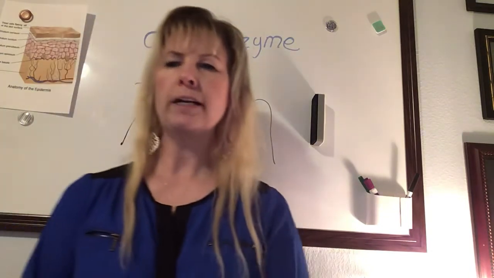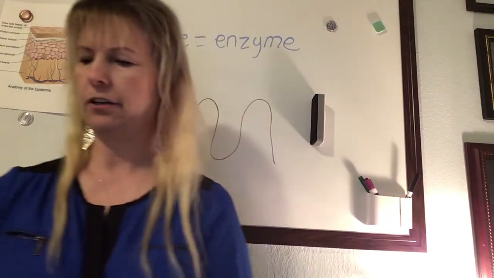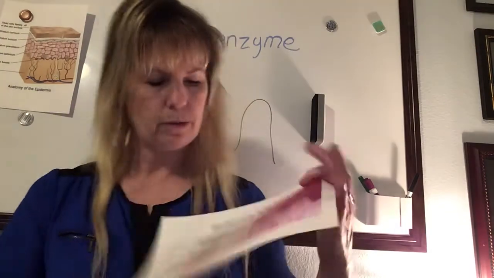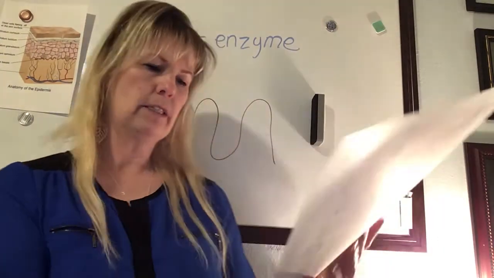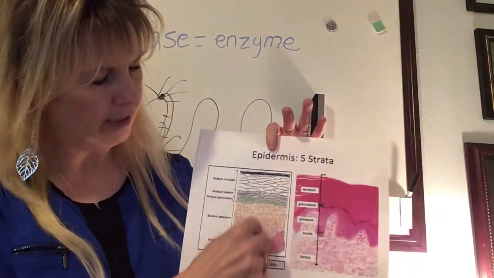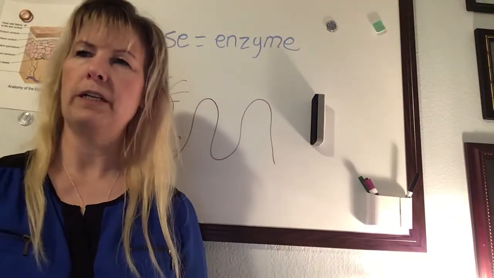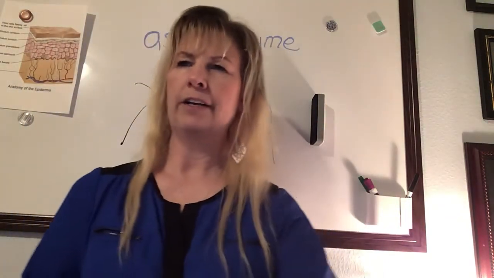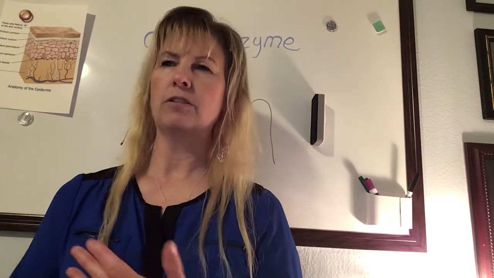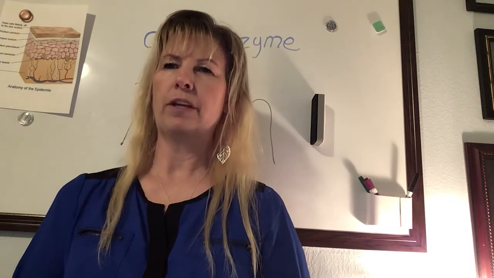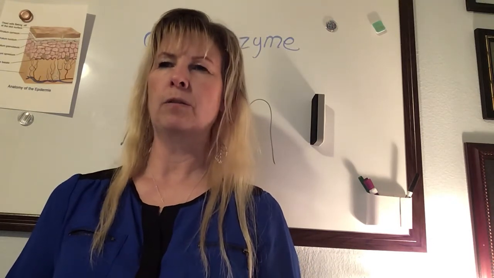Okay, so the stratum spinosum, the next layer up, is the largest layer. It is the largest layer right here. The stratum spinosum is called the spiny layer, and I told you why, because of the little prickly appendages that become desmosomes.